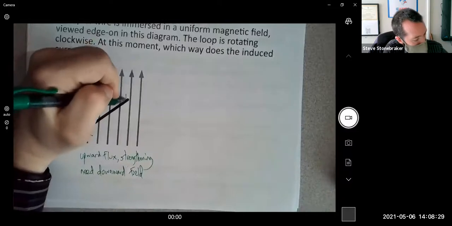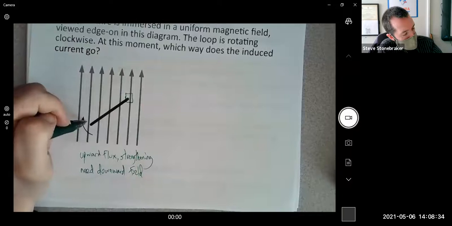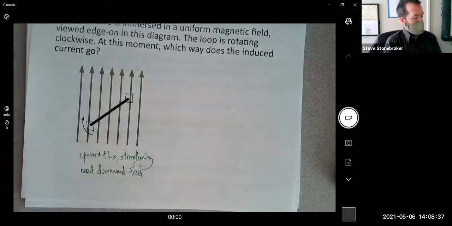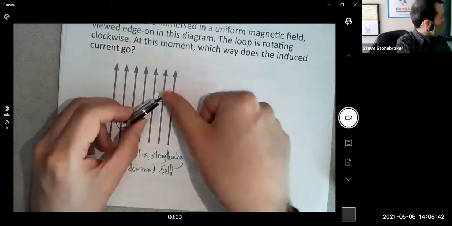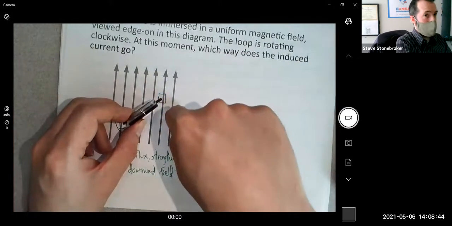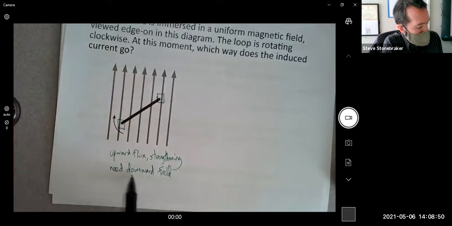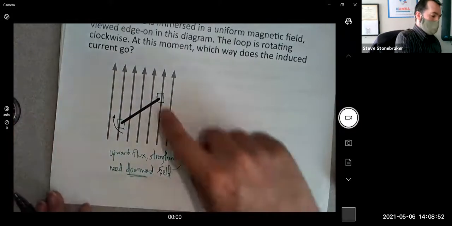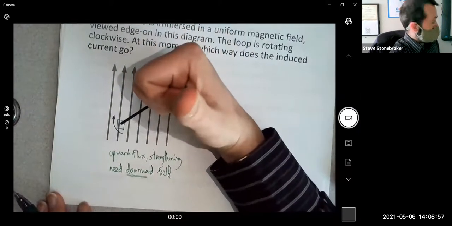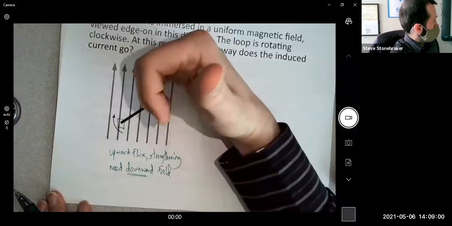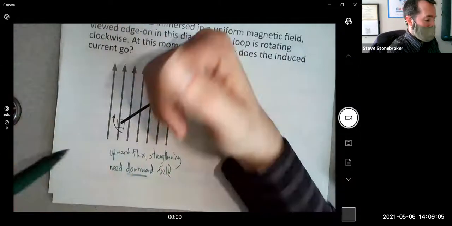So I'm going to think about the top and bottom edges, because in those two spots, the current is either going to be coming up out of the page or down into the page. And what I want to do is make magnetic field that points down. So at this spot, if the current is coming out of the paper, then I would have this counterclockwise field that goes around the wire.